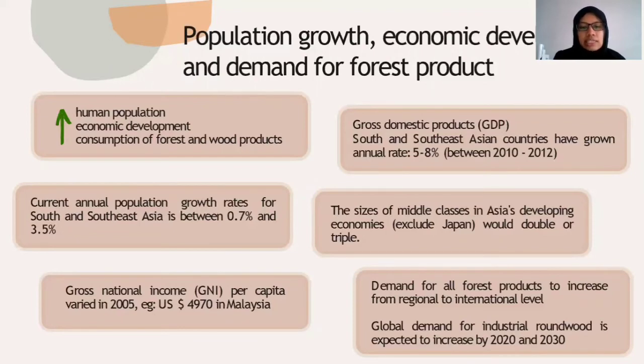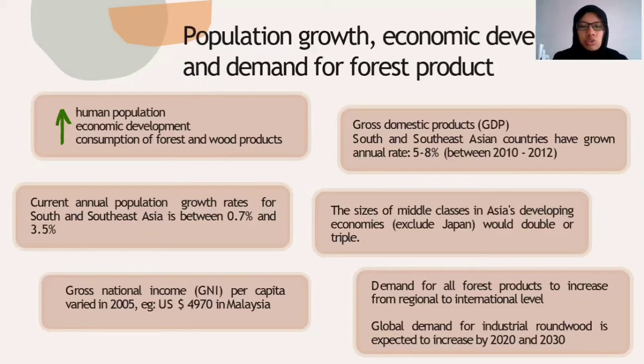And because of that, the size of the middle classes in Asia's developing economies, except for Japan, would double or triple. And this will form a middle class market that is equal to or will be surpassing the US and Europe combined.